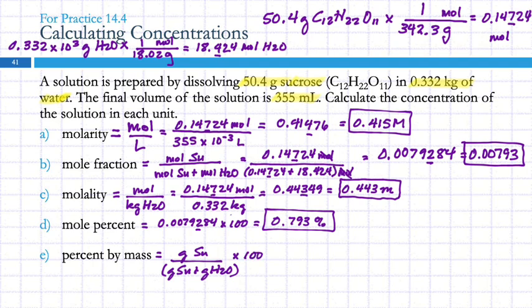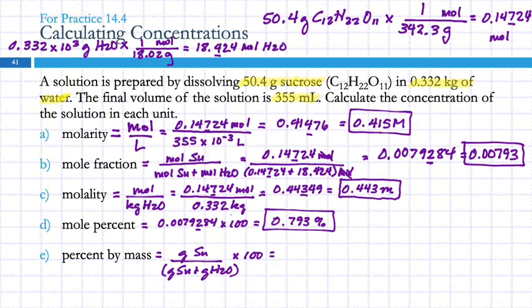And there will probably be a question like this on exam 4. And one of the mistakes that students often make is they will use the mass of the solvent instead of the mass of the whole solution. And I will probably try to trick you with that on the exam question, right? So watch out for that. It has to be the total of the solute and the solvent masses.